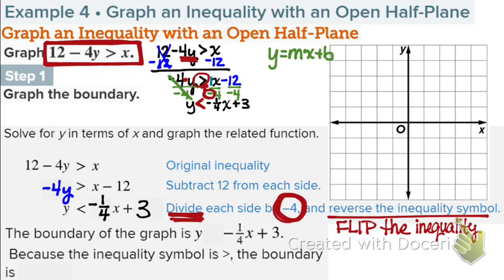That is only if we multiply or divide by a negative. If I add and subtract, my inequality stays the same. If I multiply or divide by a positive number, nothing changes about my inequality. It's only if I multiply or divide by a negative, that's when my inequality is going to flip.